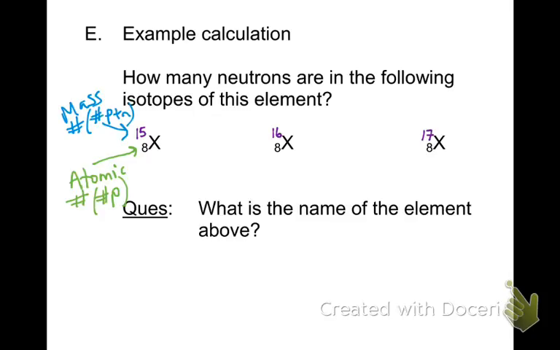So, again, to determine the total number of neutrons, you want to take our mass number and subtract our atomic number to get our number of neutrons.